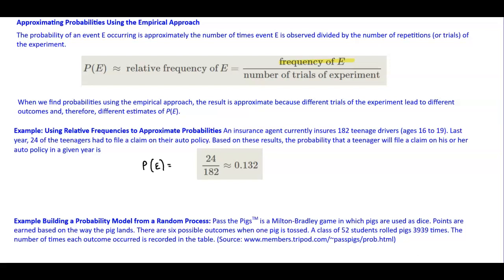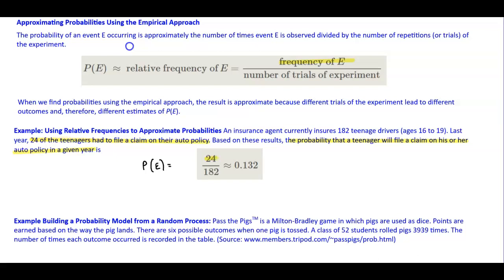And so, what is the frequency of that event? Well, we're looking for the probability that a teenager will file a claim on his or her auto policy in a given year. We can see here that 24 of the teenagers had to file a claim on their auto policy.